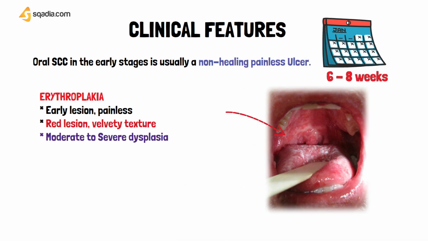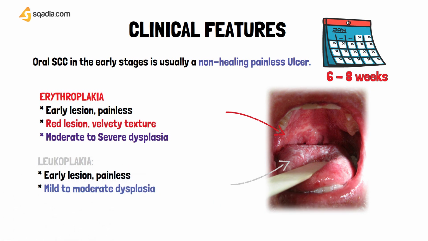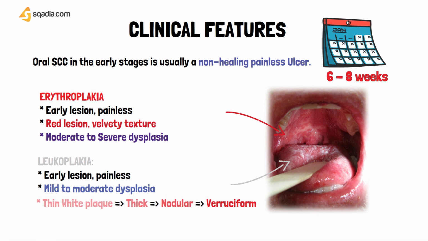It shows moderate to severe dysplasia. It may also appear as a leukoplakic lesion. Mild to moderate dysplasia, the leukoplakia may vary from a thin white plaque to thick, nodular, or even verruciform papillary leukoplakia. In some cases, both of these lesions coexist and it is known as erythroleukoplakia.